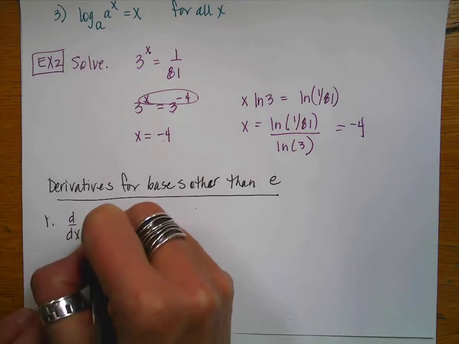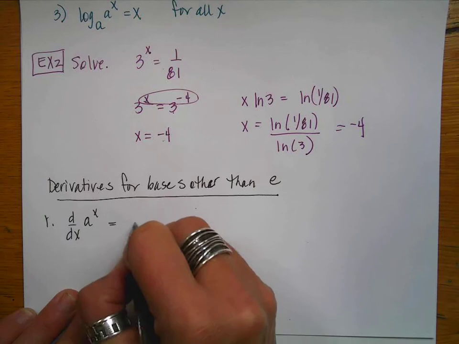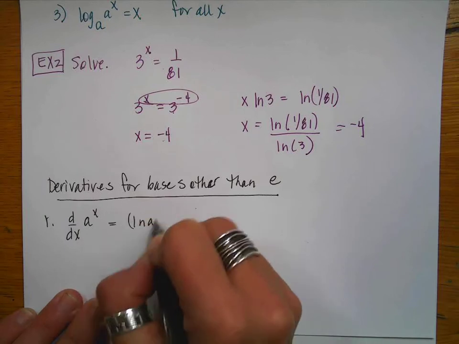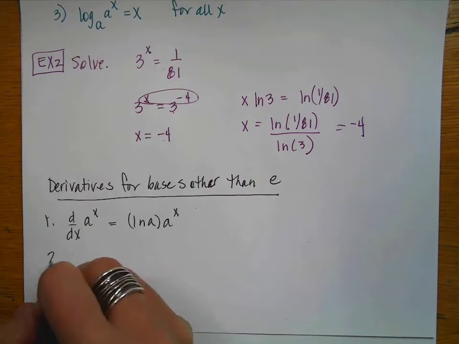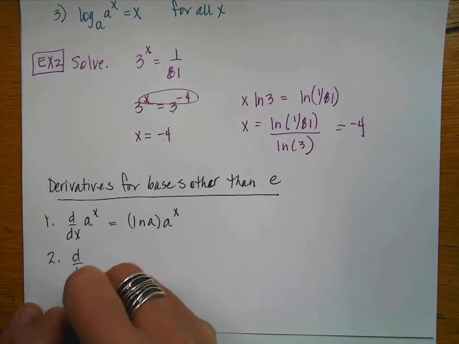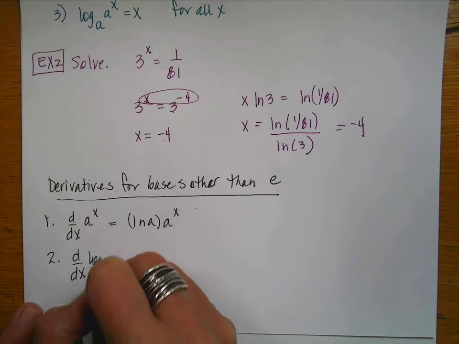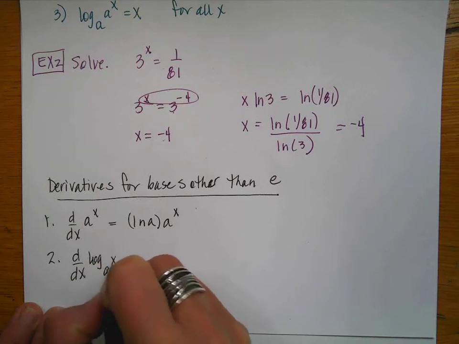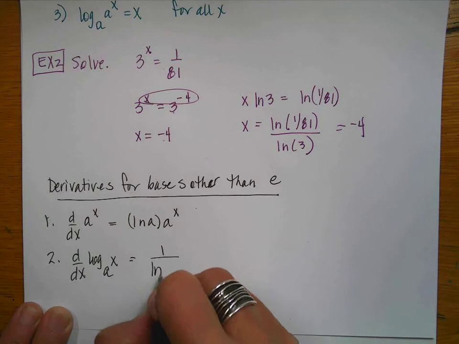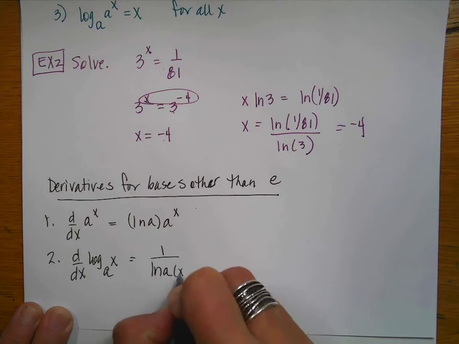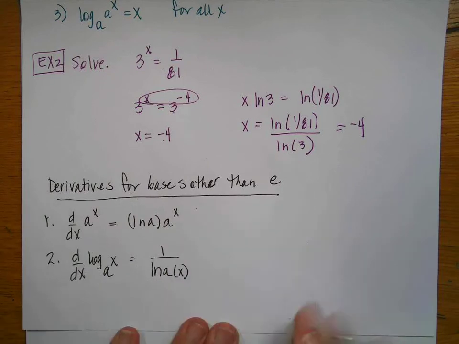So if I have the derivative of a to the x, that's going to be the natural log of a times a to the x. Number 2, if I have the derivative of the log base a of x, that's going to be 1 over the natural log of a times x.